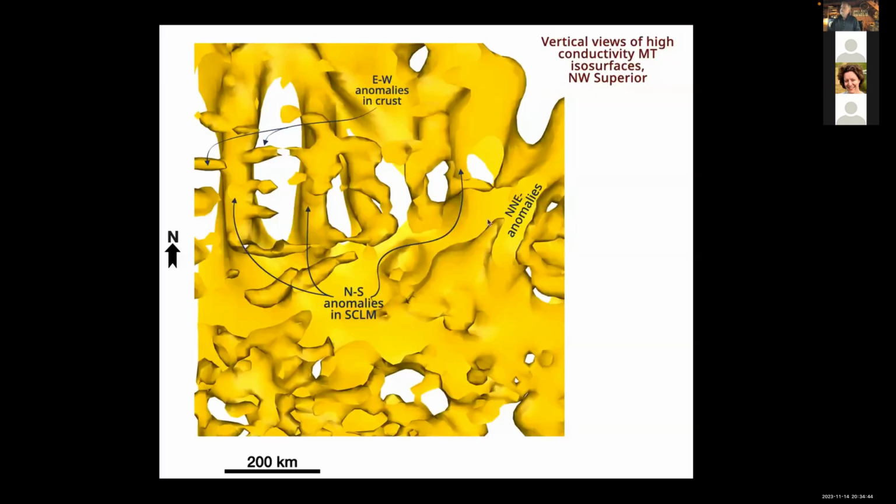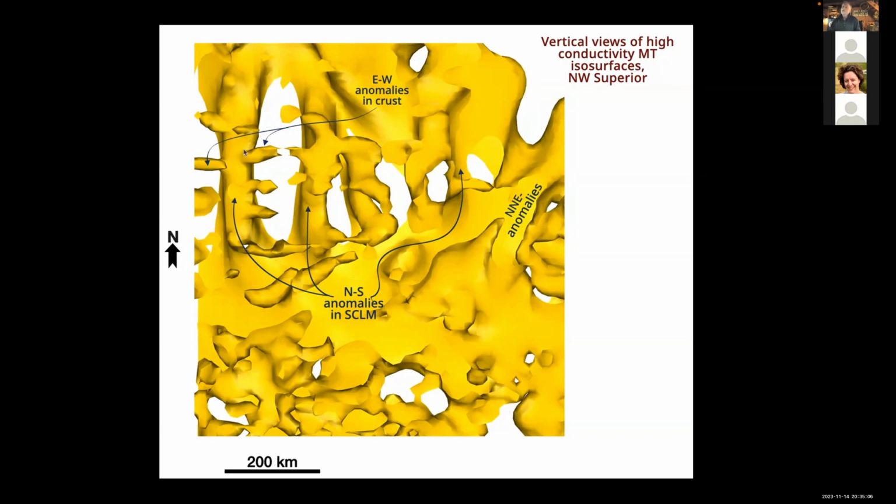And looking now at a vertical view again of 3D conductive MT isosurfaces, we can clearly see that up in the northern part of the study area covered by the MT data, these MT high conductivity isosurfaces trend north-south.